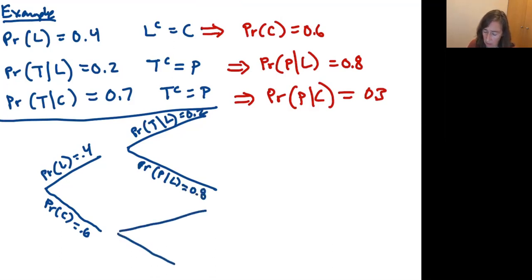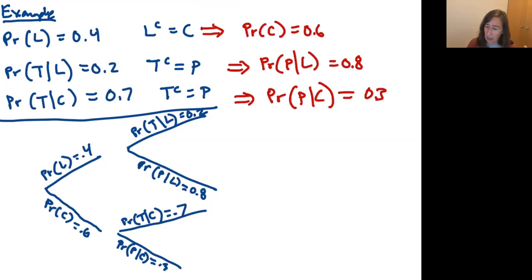Given that you're conservative, the probability of being traditional is 0.7, and the probability of being socially progressive, given that you're economically conservative, is 0.3.